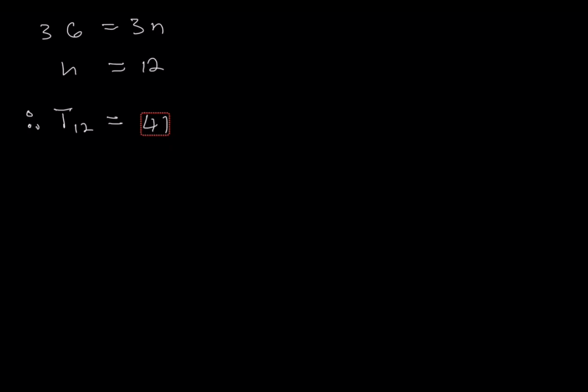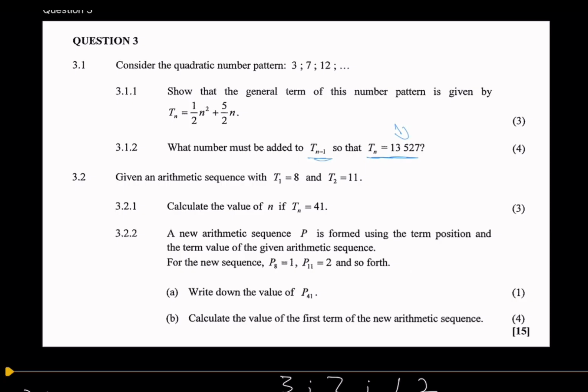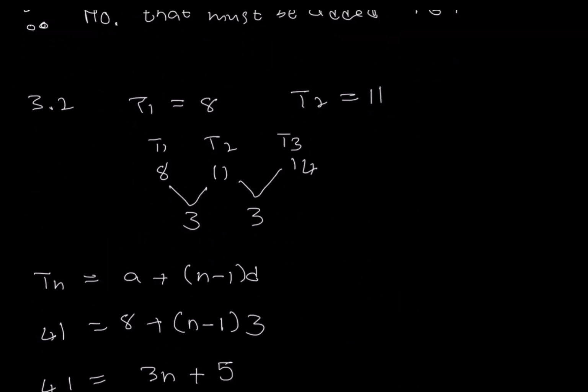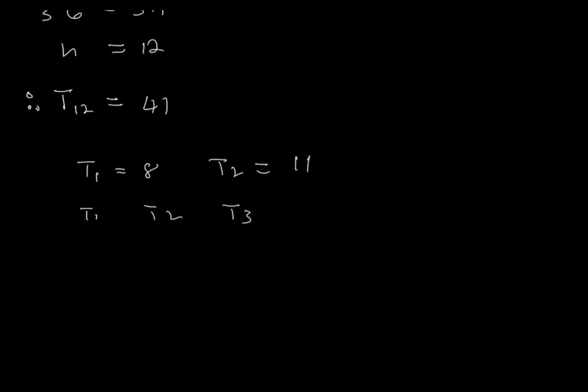The first statement said T1 is equal to 8 and T2 is equal to 11. This is T1, T2, T3, right? This is going to be 8, this is going to be 11, and we know that this is going to be 14.